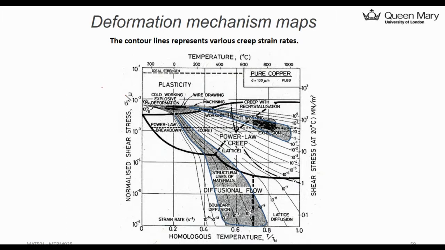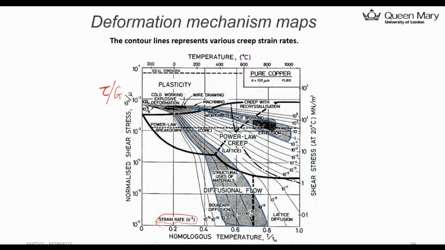where you plot the shear stress tau over the shear modulus, exactly the same axis, and the temperature normalized by the melting temperature. And you will see a lot of contour lines. What's that? If you look at that, it says strain rate.